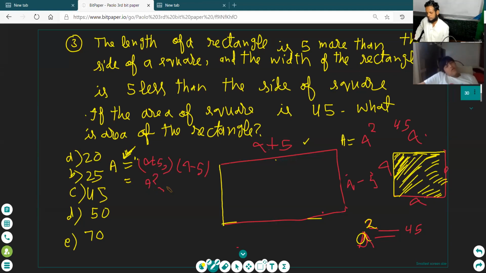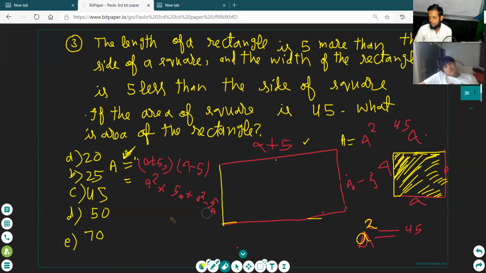A squared, A times A squared, plus 5A, plus A squared, minus 5A squared. Is that minus 5?